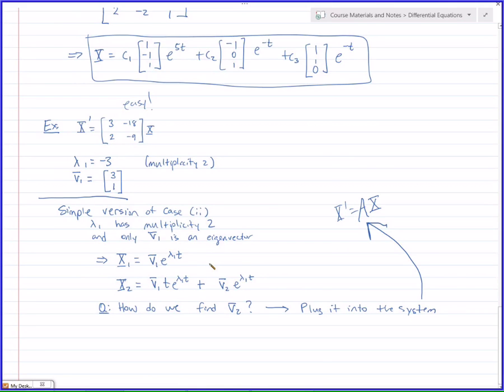I know what v1 is. v1 is the solution to this, right? v1 is an eigenvector that corresponds with the eigenvalue lambda 1. Okay? Now I want to find v2 using this x2 plugged into this equation right there. Right, so I'm doing that. This is the guy that I'm actually plugging in.